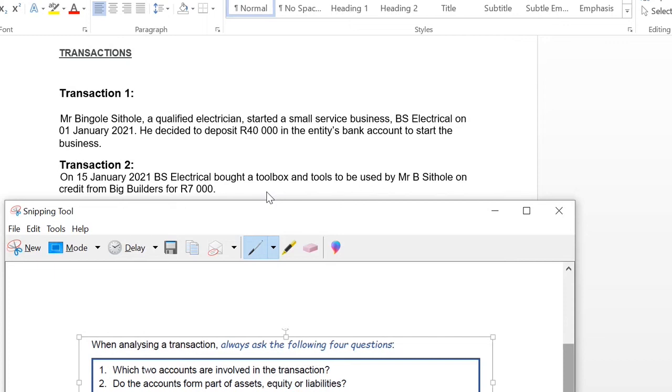In this case, they bought. So the question is, what did they buy? Did they buy an asset, liability, or an expense? And did they buy that asset, liability, or expense with cash or on credit?